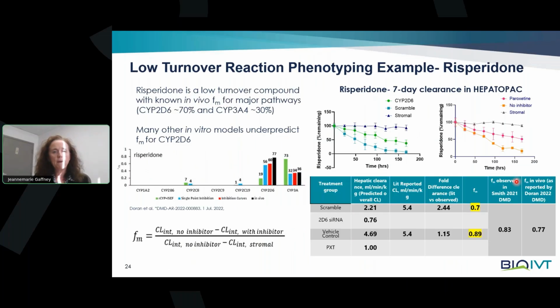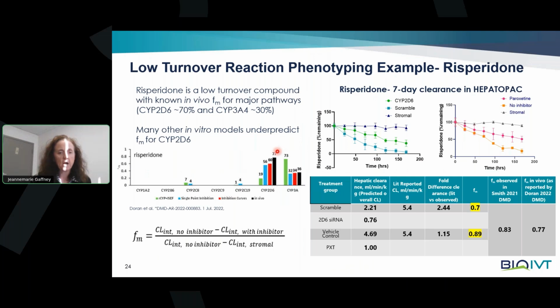Looking at our first compound, risperidone, which is a low turnover compound, this does have a known in vivo FM of 70% for 2D6 and 30% for 3A4. It has been reported in publications that other in vitro models have underpredicted the FM for 2D6.